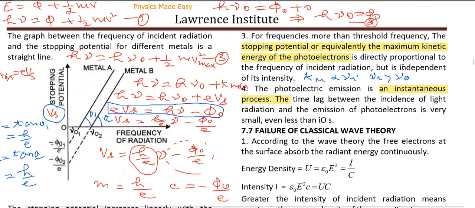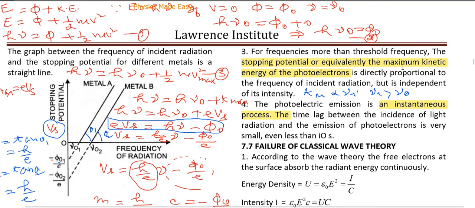What does this mean? This is Km. We can also write stopping potential Vs, but we have chosen Km here. It means Km is directly proportional to incident frequency if incident frequency is larger than threshold frequency.